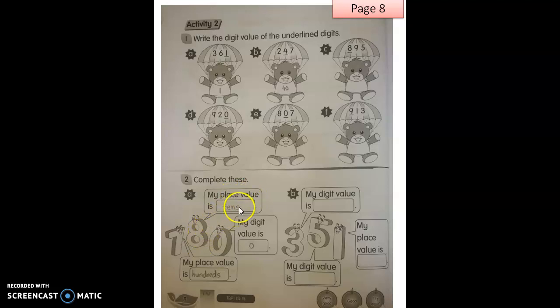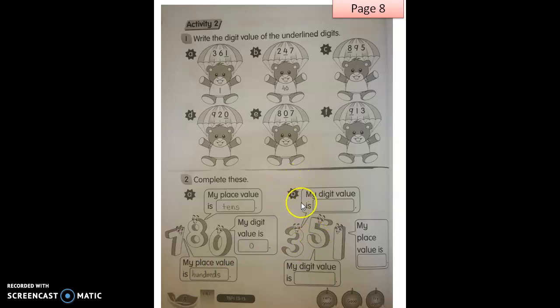Don't forget to write S, 10s. My digit value is digit. That means you must write numbers. 80. My place value is place value. That means you must write 100. Don't forget to put S.